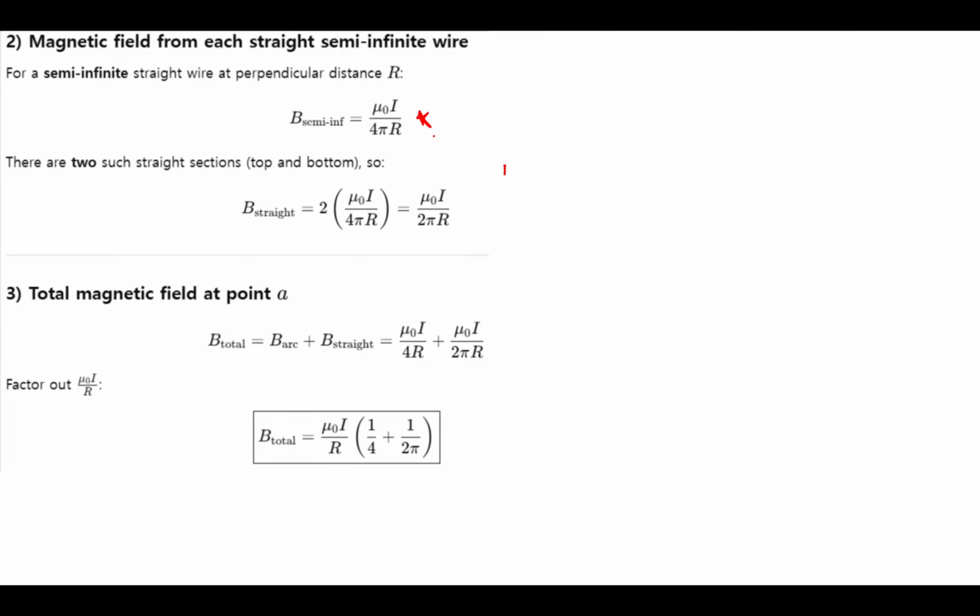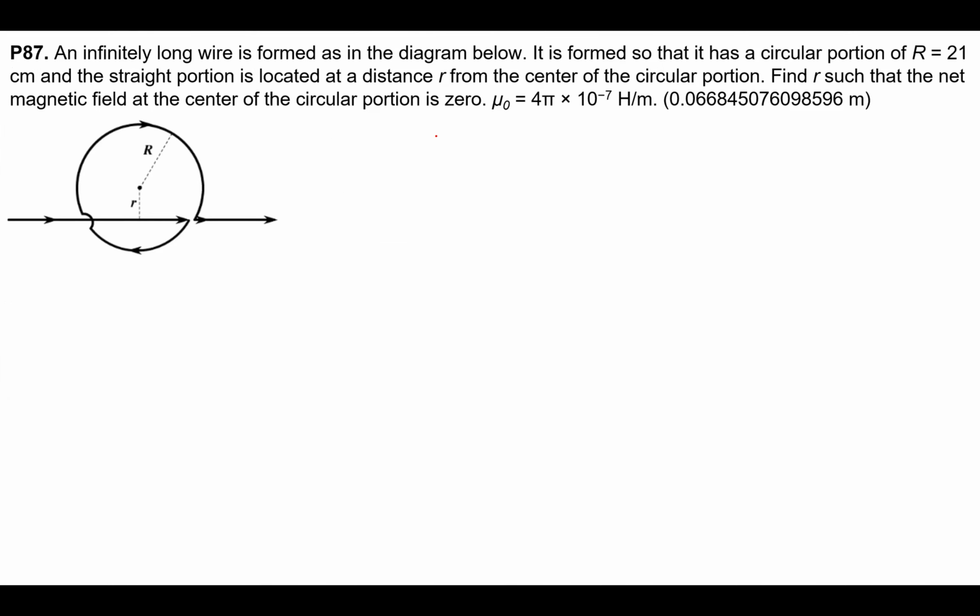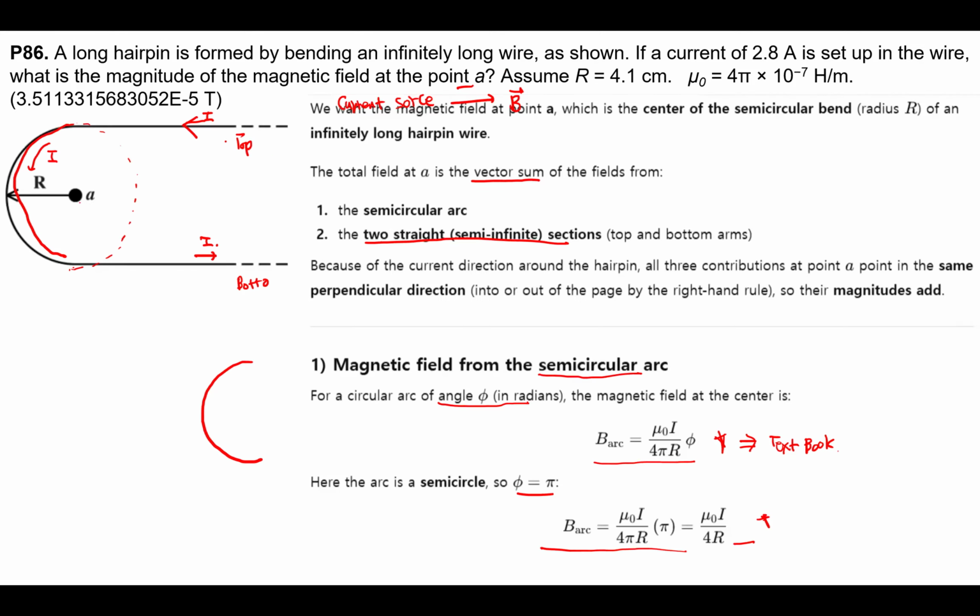So because it is semi-infinite, okay, so that the distance is given by r. Distance is given by r, okay.